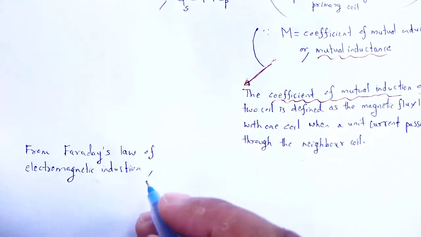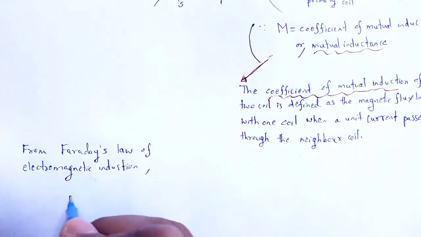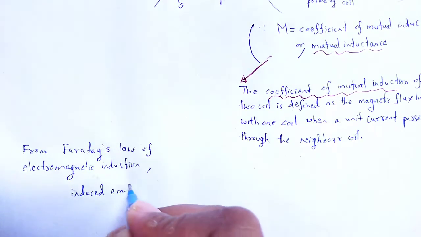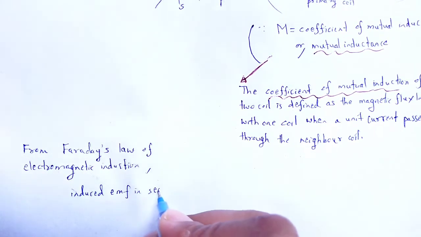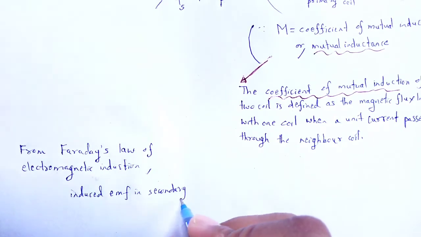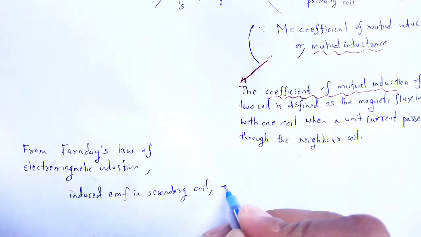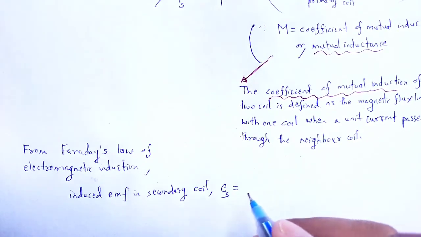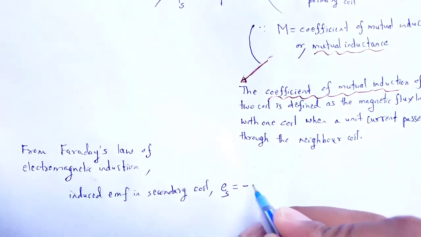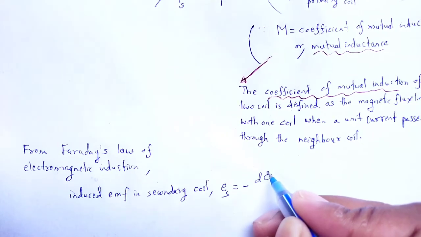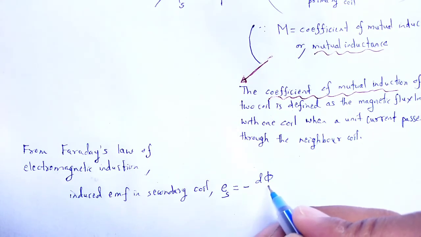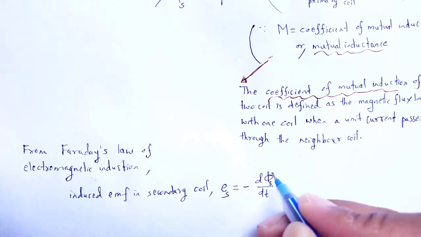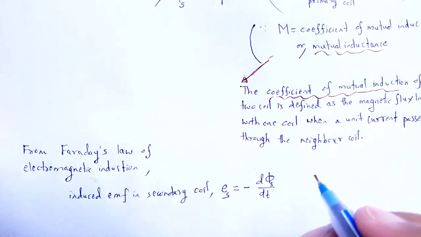The induced EMF in the secondary coil, E S, is equal to minus d phi s by dt, the rate of change of magnetic flux.